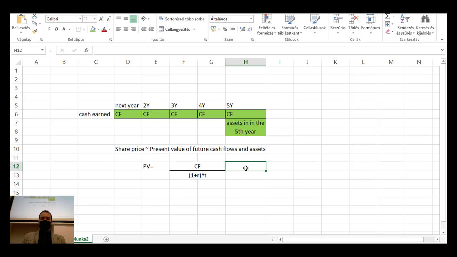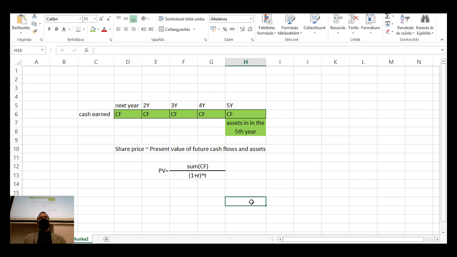And also we have to add these assets here with present value. You will have many of such calculations during the next semester, because this is what you will do in corporate finance, summing up the cash flows.